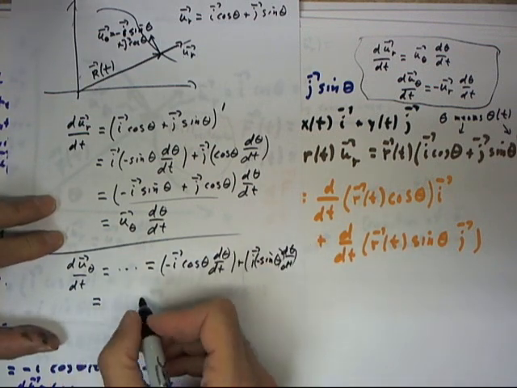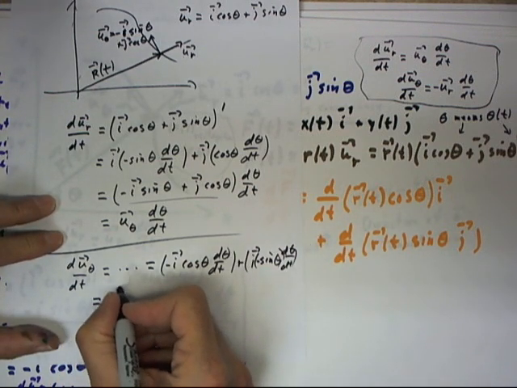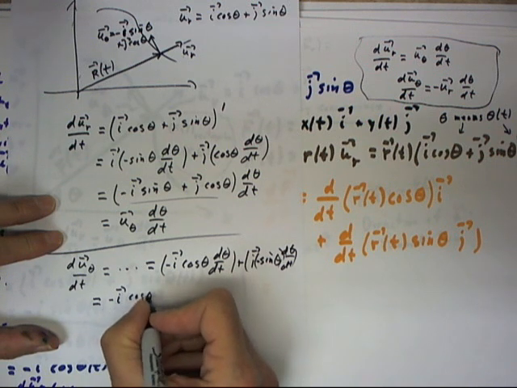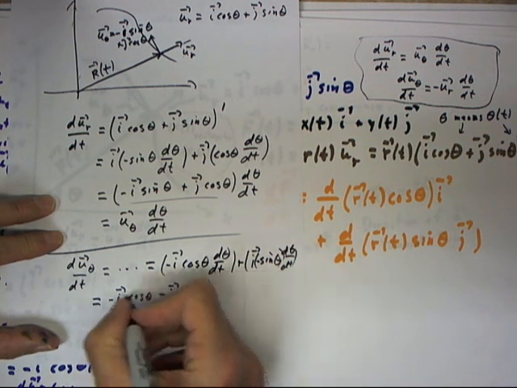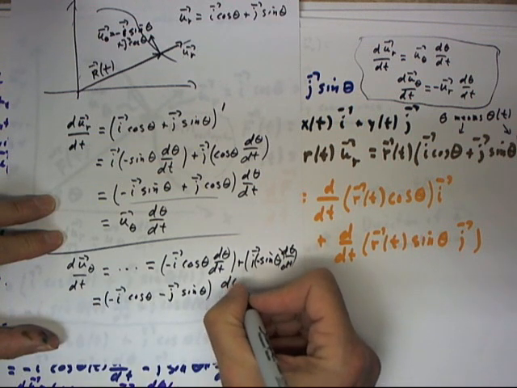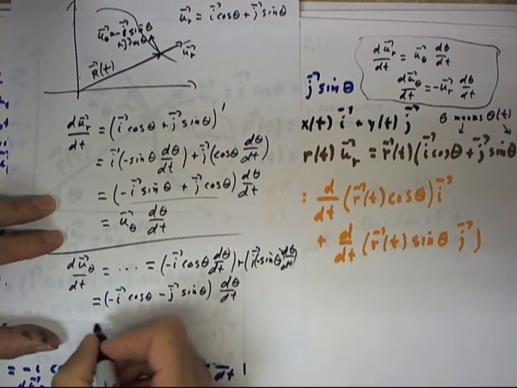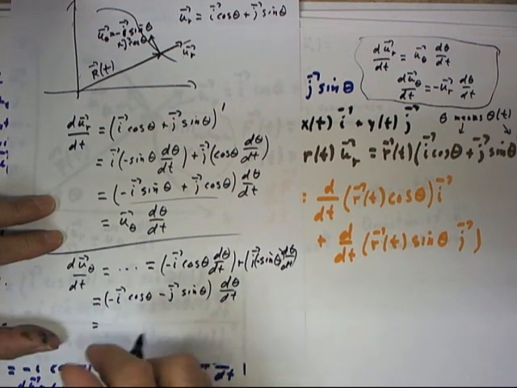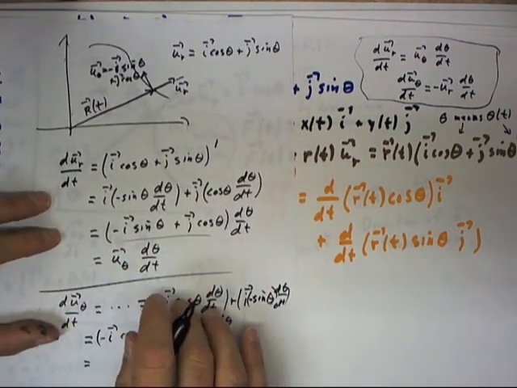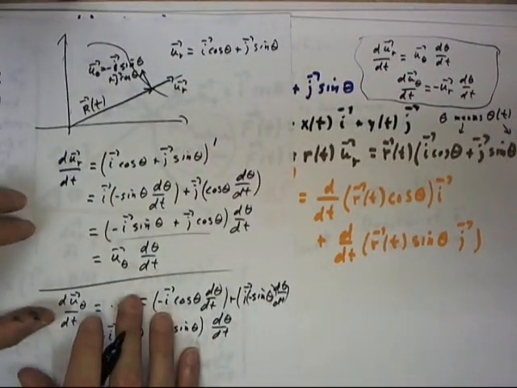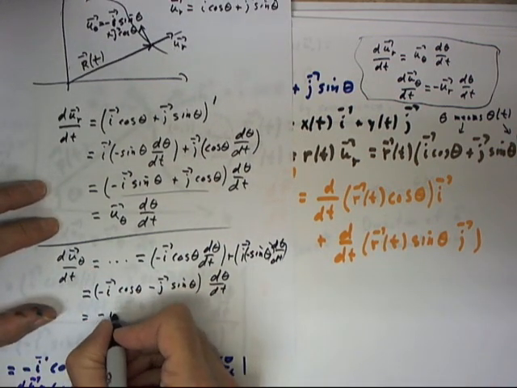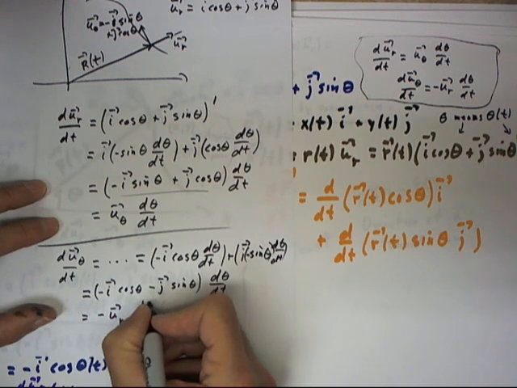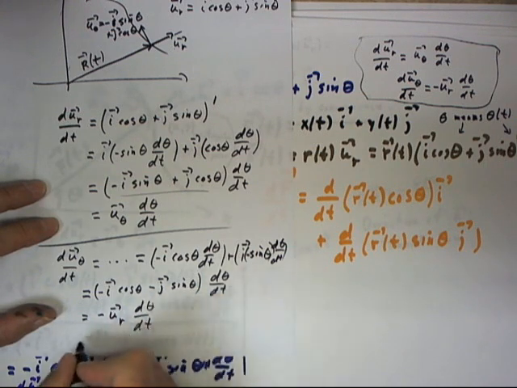And if I factor out the d theta dt, I end up with minus i cosine theta minus j sine theta times d theta dt, which is just, if you look at the u r vector, i cosine theta plus j sine theta, this is the negative of it, that's negative u r d theta dt.